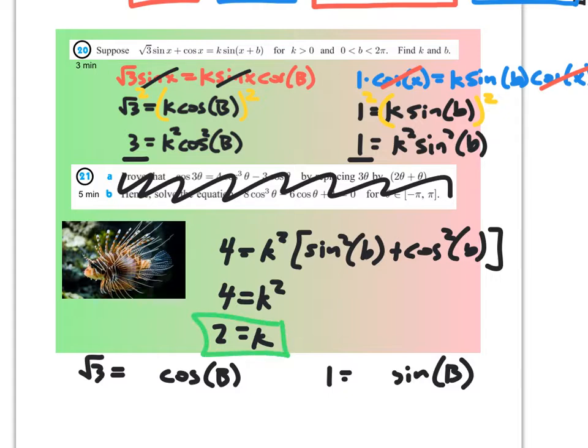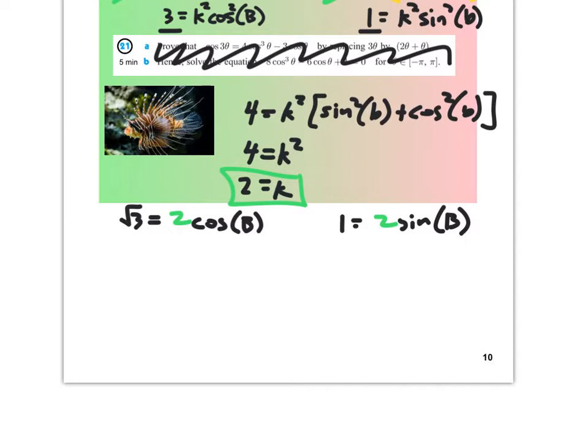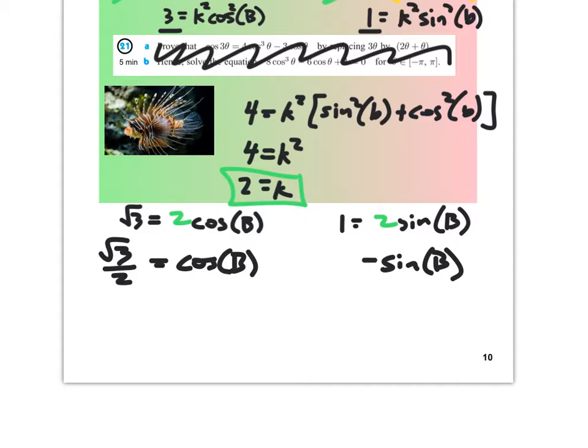All that I've taken is this before I squared it and this before I squared it, and I'm going to plug a 2 in there. That tells me that the cosine of b equals root 3 over 2, and the sine of b equals 1/2. They're both positive.